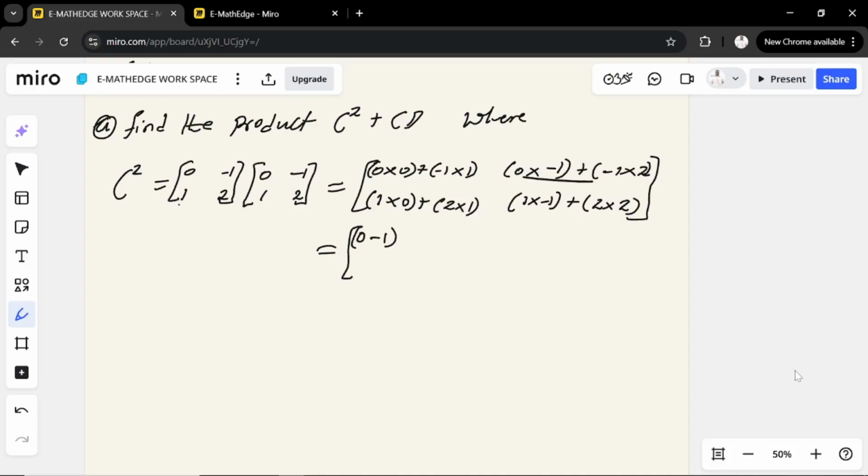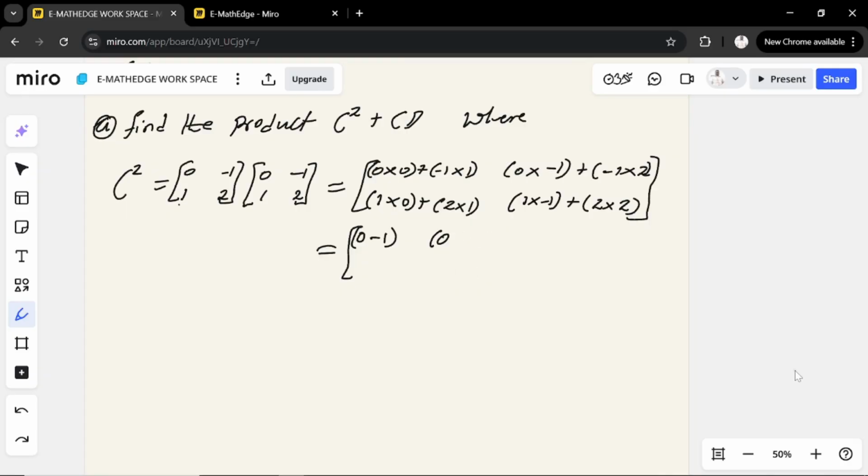Now for the element in the first row, second column, we are going to have 0 multiplied by -1, which is going to give us 0, plus -1 multiplying +2, which is going to give us -2. Automatically, this sign here is going to turn negative because positive multiplying negative will give us a negative sign.